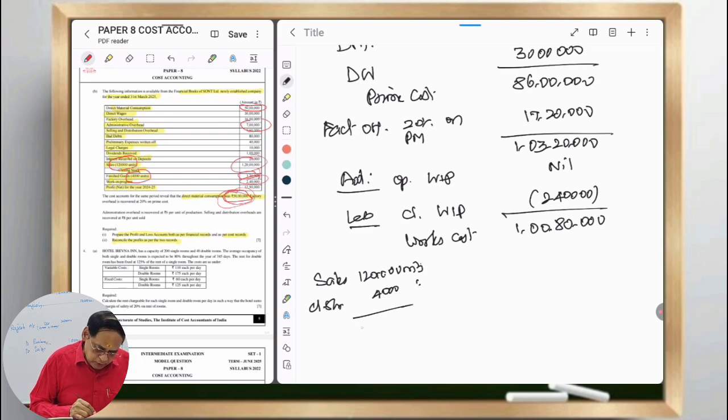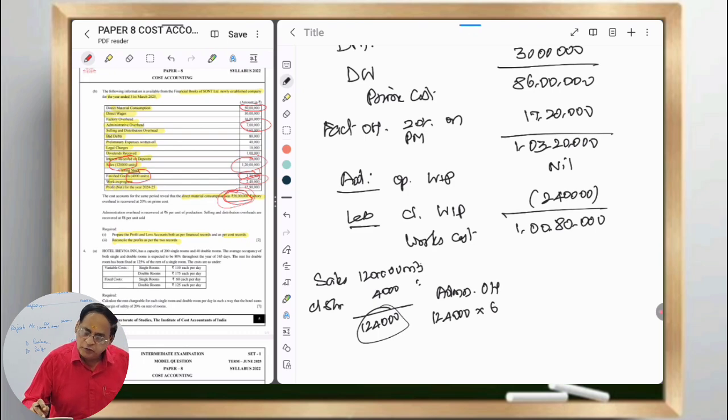So total 1,24,000 units production. Administrative overheads is rupees 6 per unit of manufacturing. So 1,24,000 into 6, that is 7,44,000.